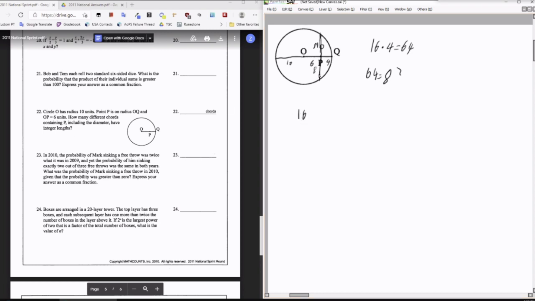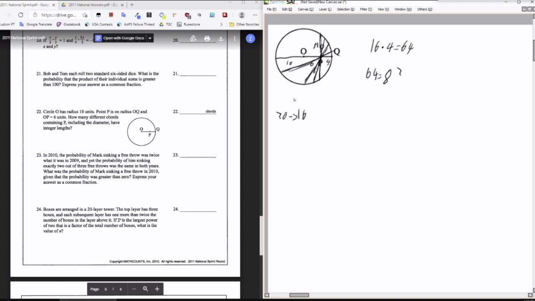Now let's think about the length of the chord as we rotate the chord around P. We're just going to think about how they're rotating counterclockwise from the diameter right now. We'll think about the other way later. As this happens, the length of the line goes from 20 to 16, and it's strictly decreasing.